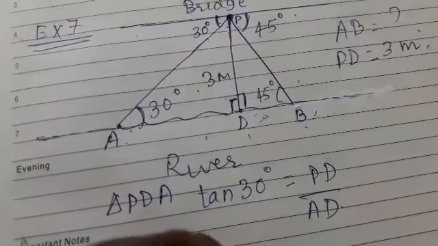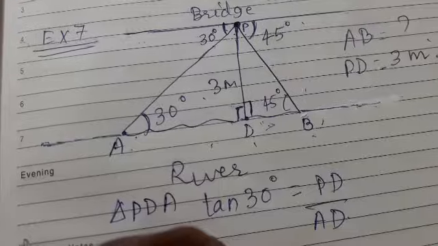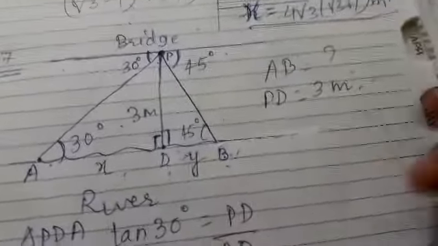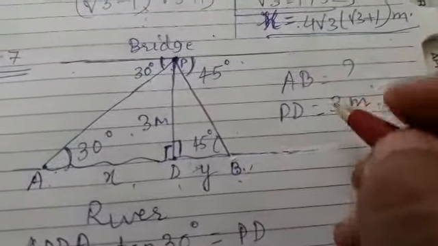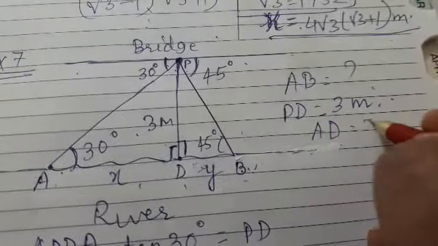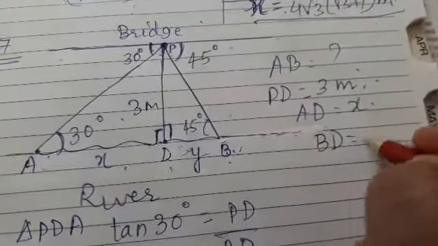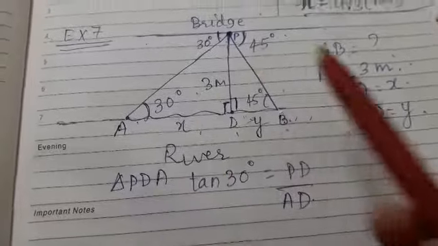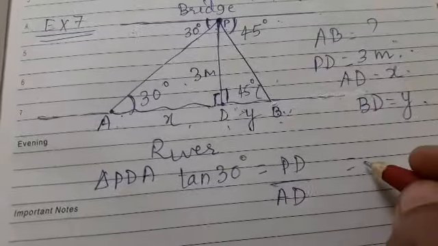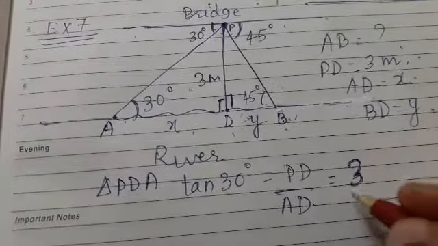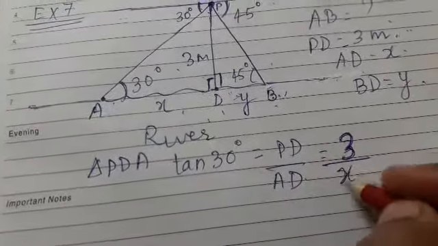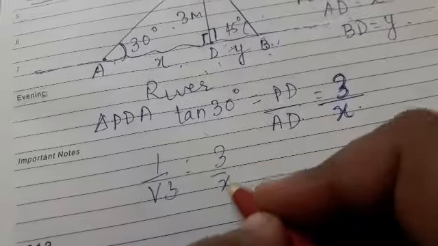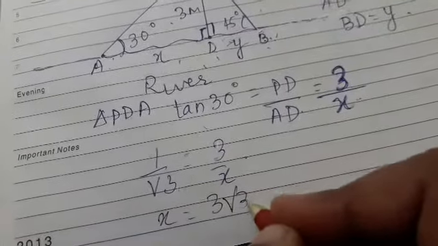Suppose I take AD as X, and DB I take as Y. Now PD is 3, and AD is X. Now tan 30 is 1 by root 3, so 1 by root 3 is equal to 3 by X. X is equal to 3 root 3 meters.